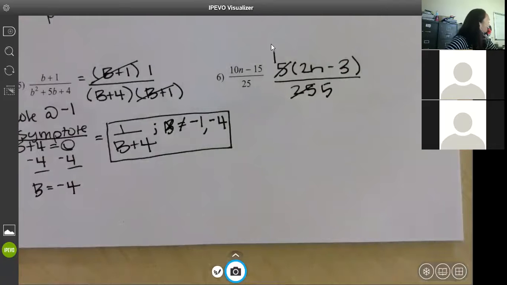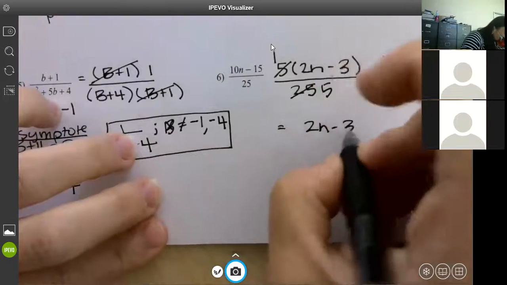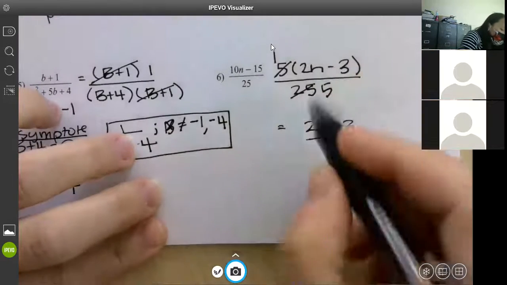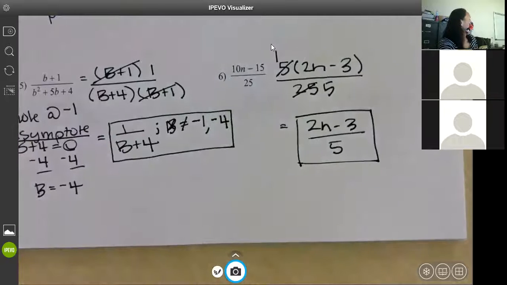Do I have any holes? I didn't cross out any variables, right? So no holes. Do I have any variables left in the bottom? Nope, so I don't have any asymptotes. So this final answer is just your 2n minus 3 over 5. No excluded points whatsoever. Again, unless you mark out or leave a variable in the bottom, you will not have any excluded points.